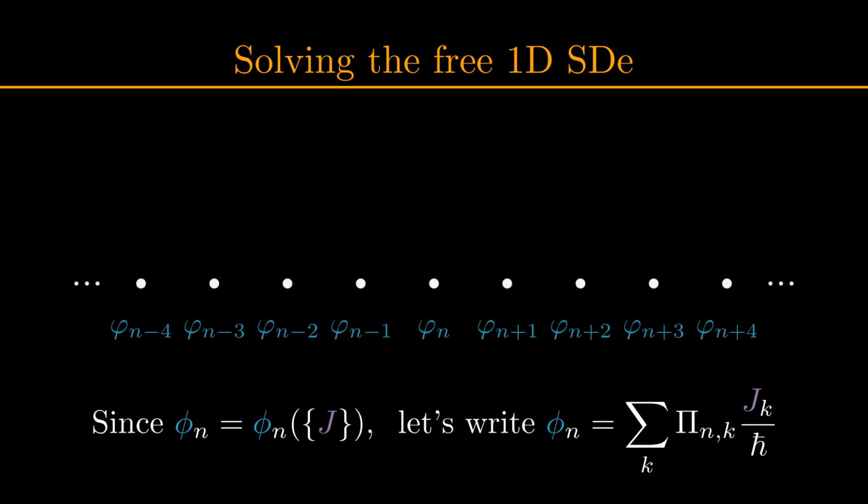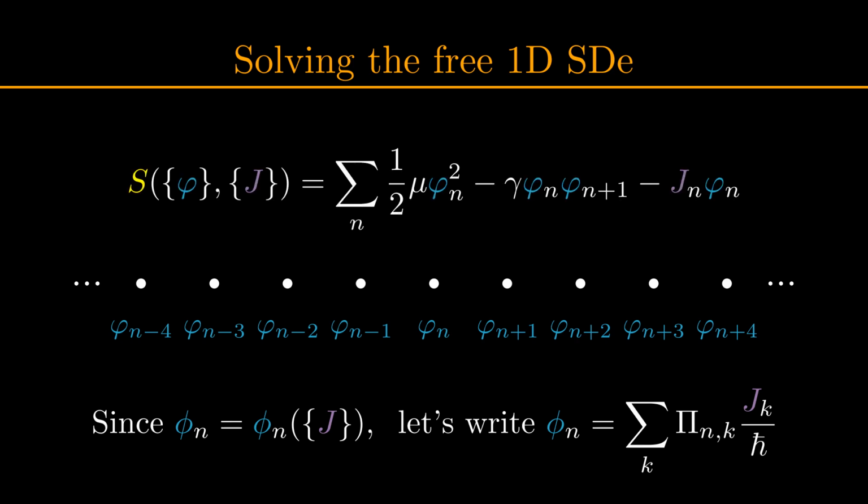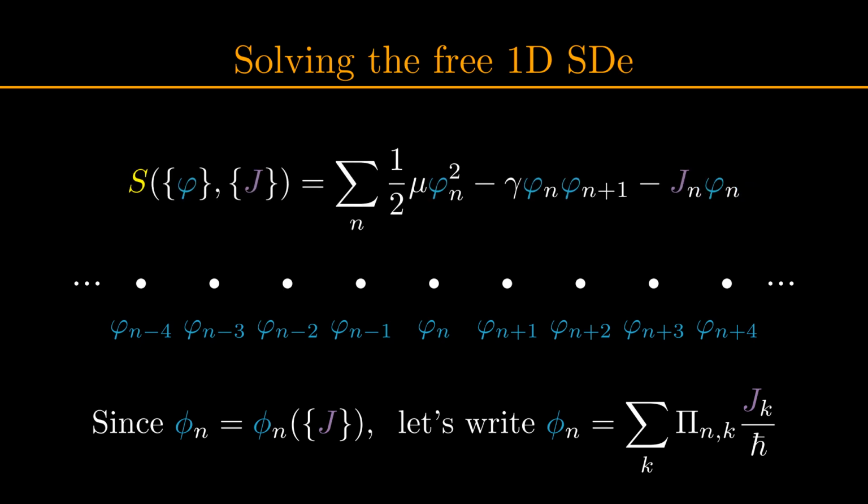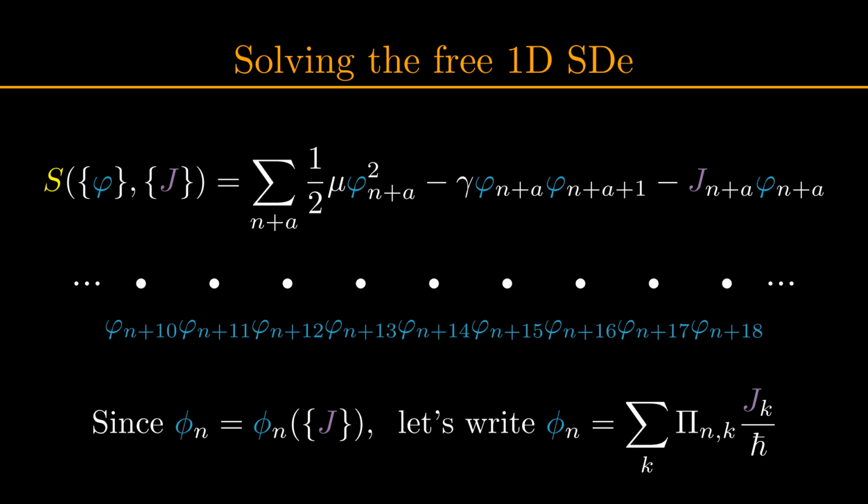Now consider the field phi n. Since there is no difference between the type of fields left and right of phi n, we classify the theory as parity invariant. This inherent balance also echoes through the action, ensuring that the theory's essence remains unchanged if we reverse all spatial coordinates. In the realm of shifting labels, we saw before that we can translate our labels by any desired amount, a feature that grants our theory translation invariance.